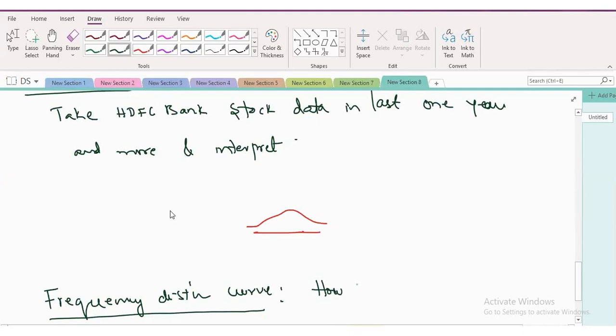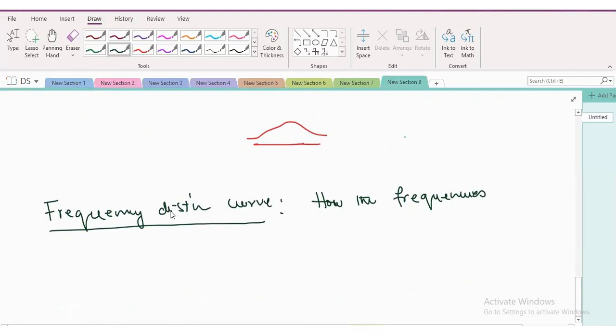How the frequencies... Frequency is nothing but what? Number of times something happened, right? How the frequencies are allocated to each.